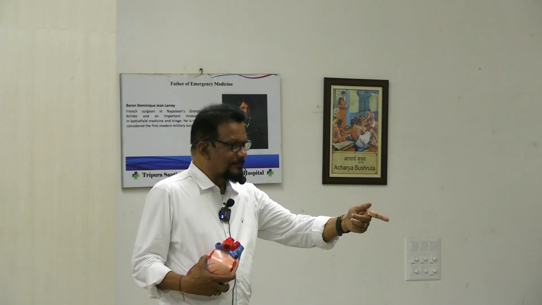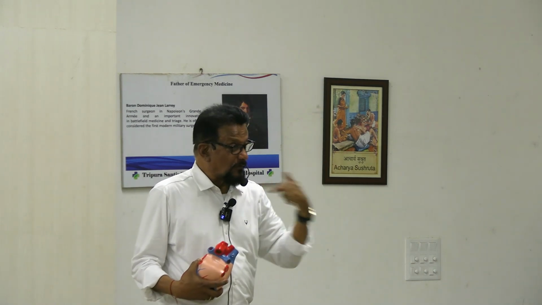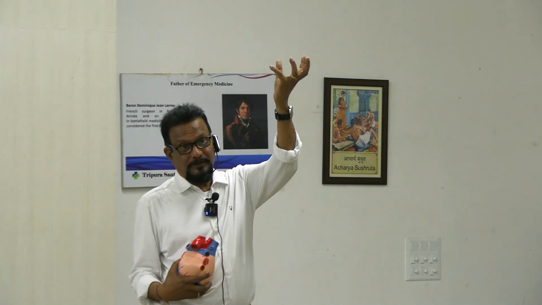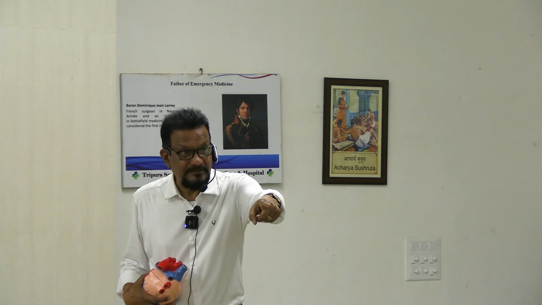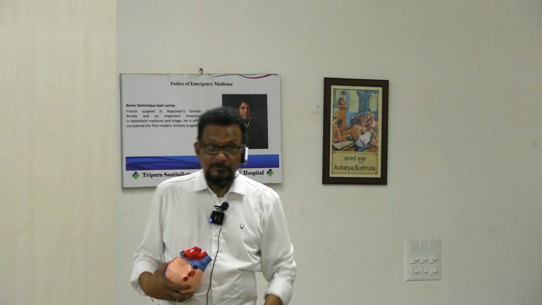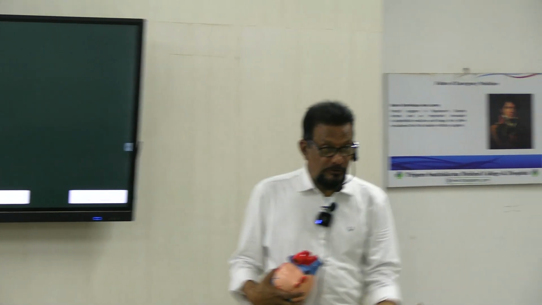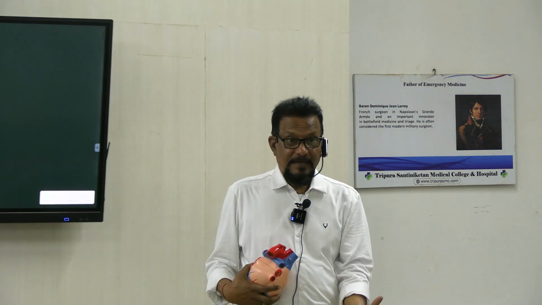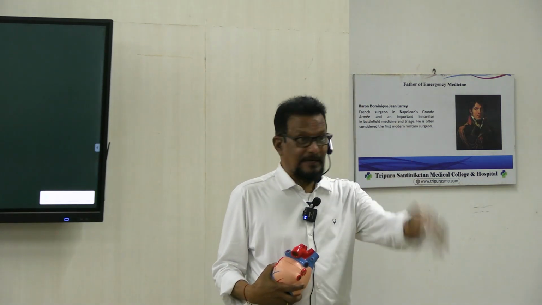If I give strenuous exercise, the heartbeat may go up to that. He is 17, so 220 minus 17, 203. So his heart rate may go up to 203. So this is the target heart rate.